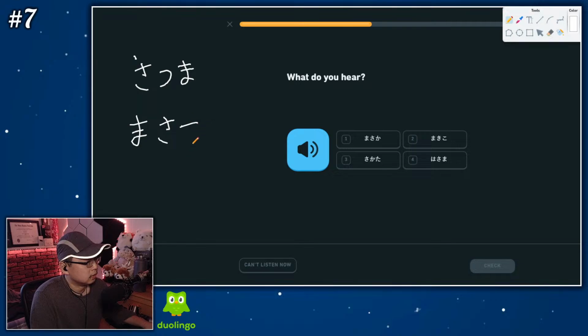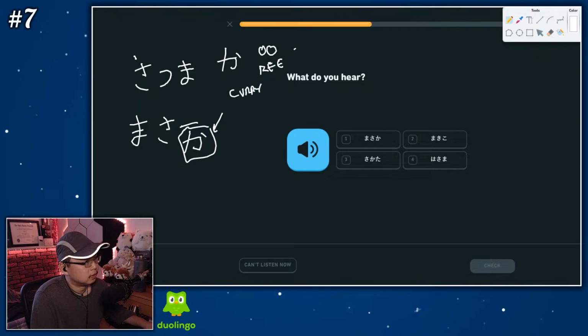No, I want to do it this way. And this is the one that I forgot. I forgot ka earlier when I was trying to think of it. And then I don't have re, so kare or curry.